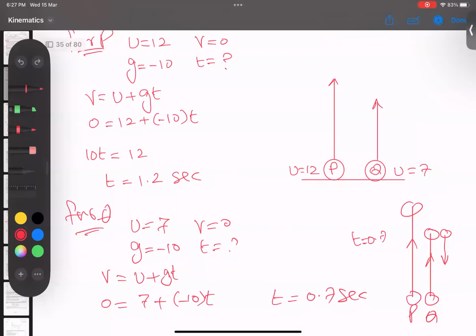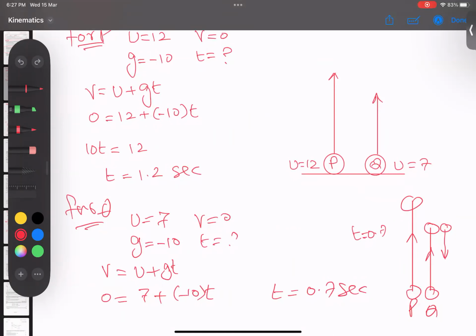So from the starting point until 0.7 seconds, both are traveling upwards, so they have the same direction. But as Q reaches the top at time 0.7, Q will turn back, while P is still moving upwards. So that is the time he's asking about: opposite motion.